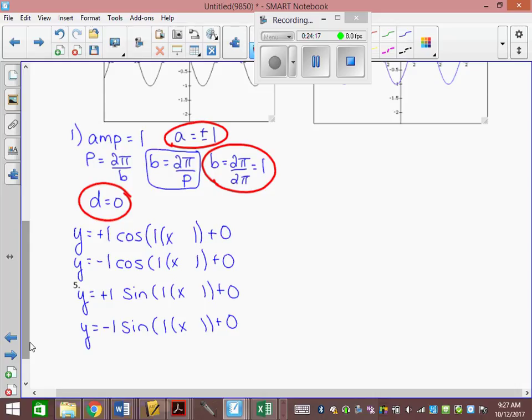So the only thing that's going to move that y-intercept off the y-axis is the horizontal translation. Okay? Now, is it a maximum or a minimum on the y-axis? Look at your graph. Is it a maximum or a minimum on the y-axis? It's a maximum. So if your maximum is not on the y-axis on a positive cos graph, there's a horizontal translation. Okay? So we're going to go back to our graph up here.